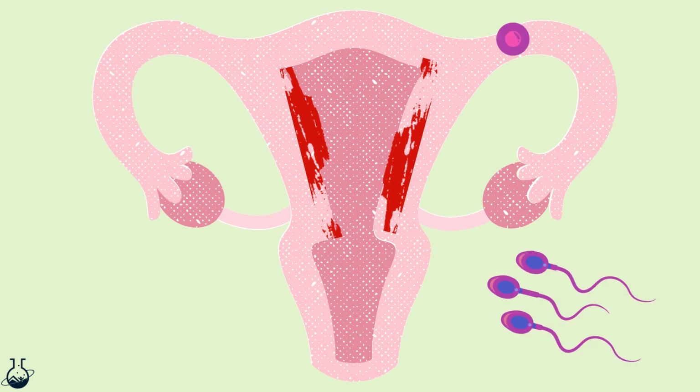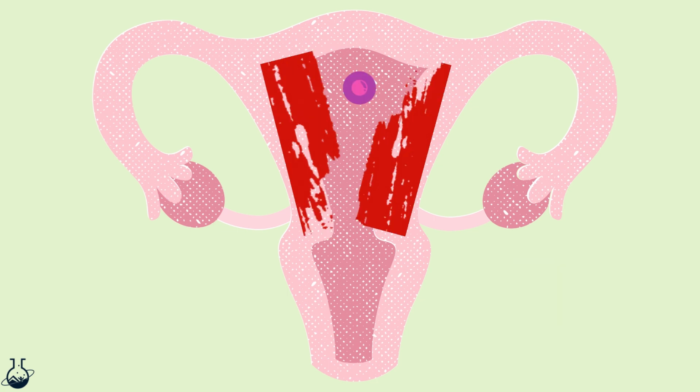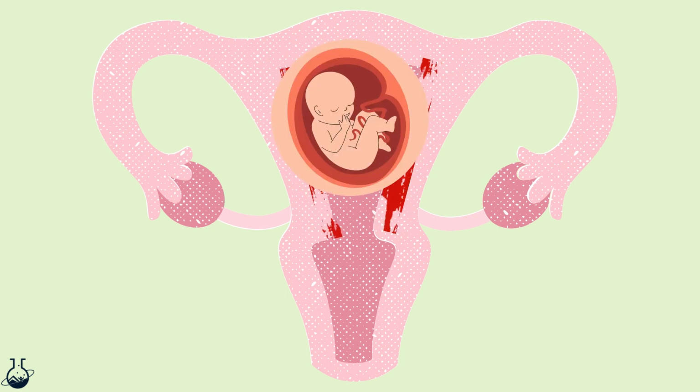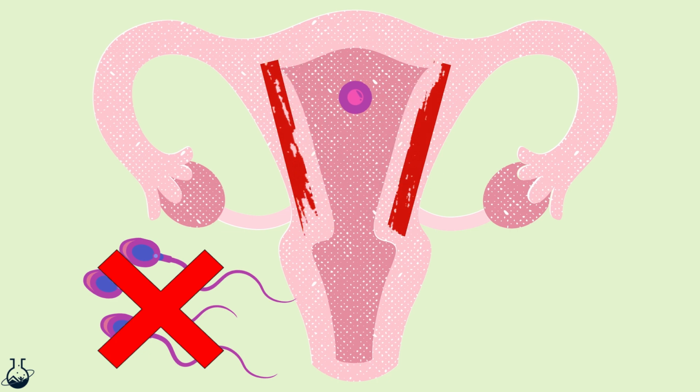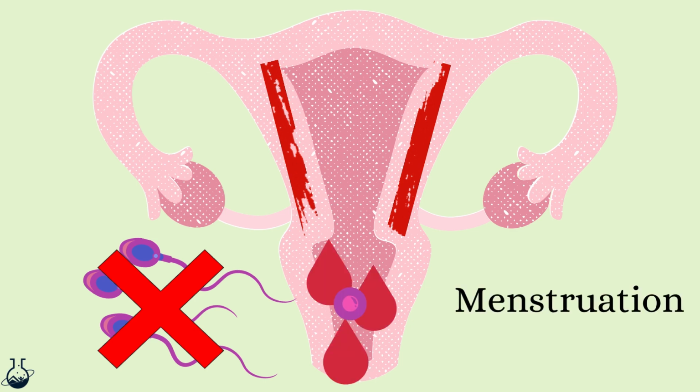Once the egg approaches, it may meet sperm, and the lining of the uterus continues to build, allowing for successful implantation of the zygote and development of a fetus. If the egg does not come across any sperm, the thickened uterus lining is shed to become thinner, as it is no longer needed for implantation of a zygote, and so it's discarded by shedding out through the vagina, in a phase called menstruation, otherwise known as a period.